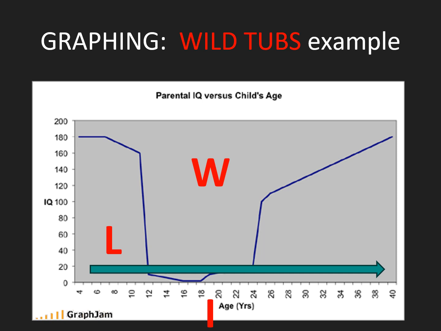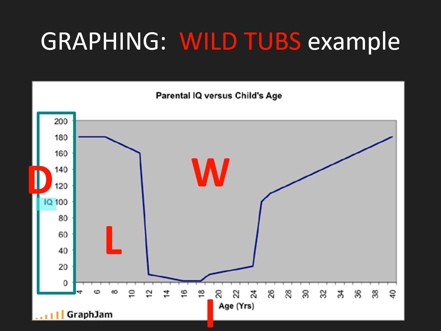Now, if our data was looking at parental IQ versus a child's gender, then we would break it down into a bar for girls, a bar for boys, a bar for others, and all three of those bars would have a separate kind of score. But in this case, we're looking at how it changes over time, and so that's why we have a line graph here.